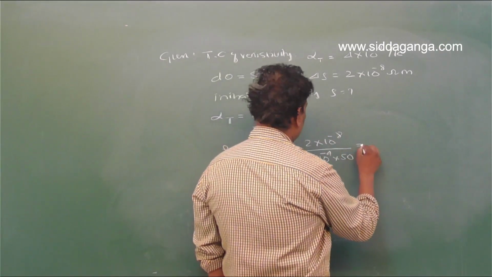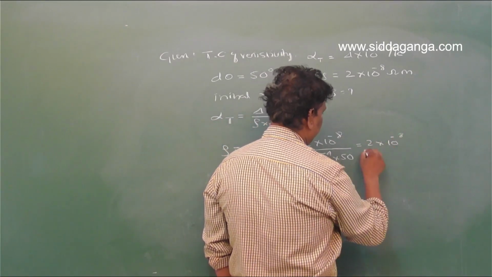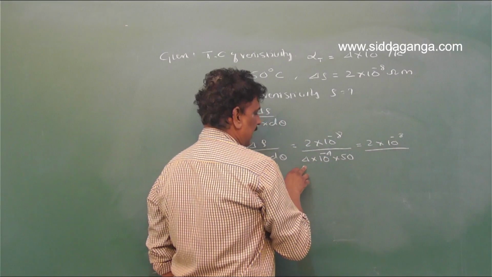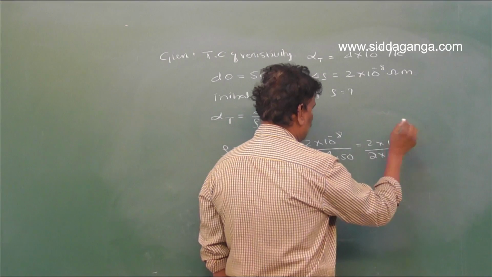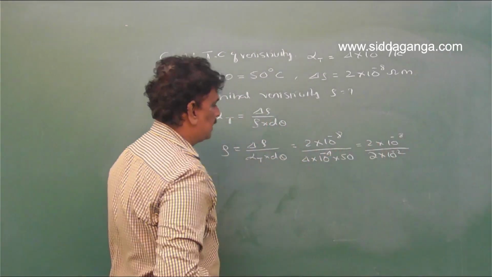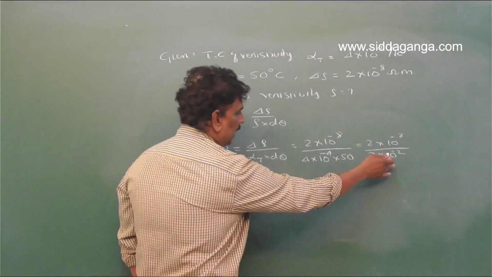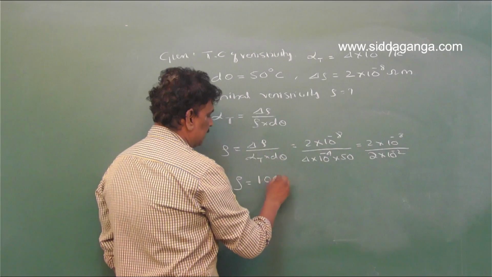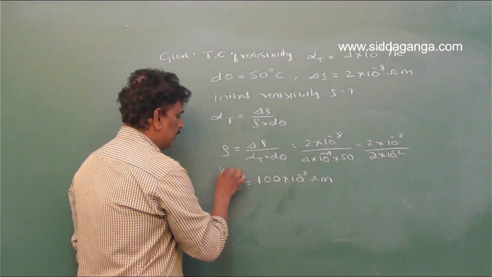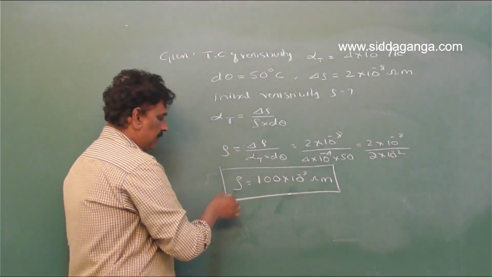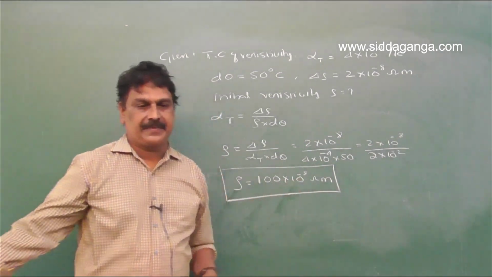That is equal to 2 into 10 power minus 8 by 200, that means 2 into 10 power minus 2, and 100 cancels with 10 power minus 2, so this becomes 100 into 10 power minus 8 ohm meter. So, the initial resistivity of the material of the wire is 100 into 10 power minus 8 ohm meter.